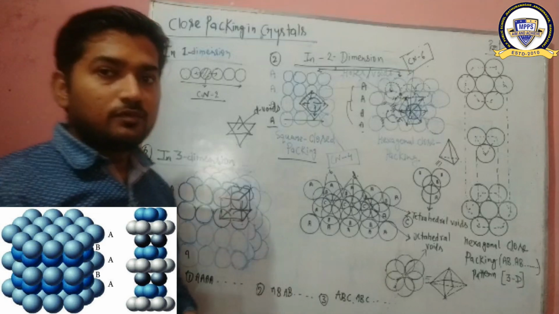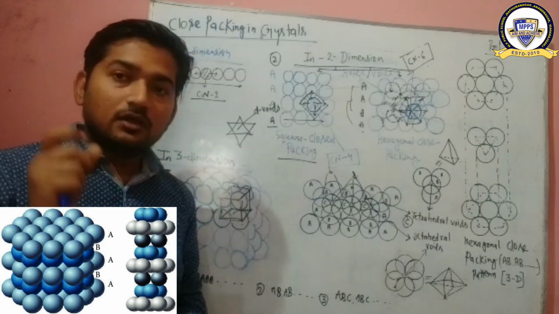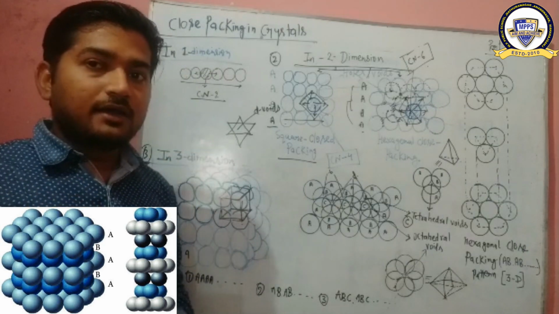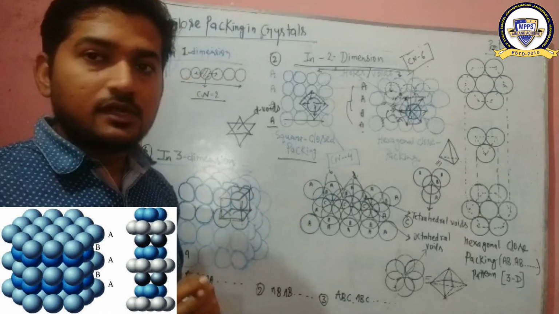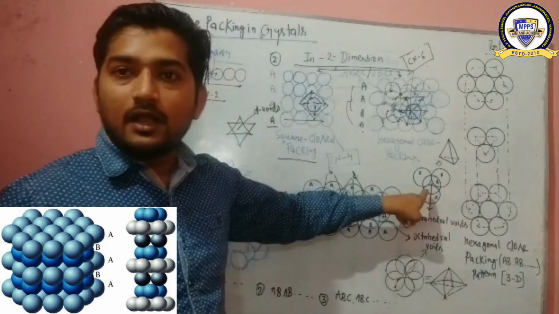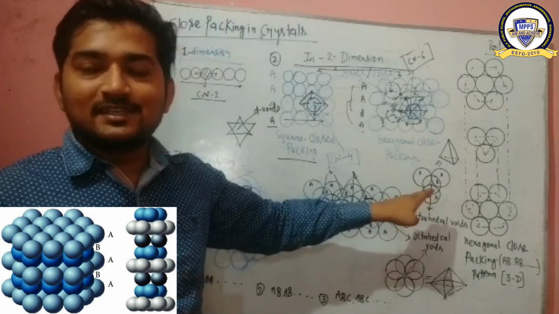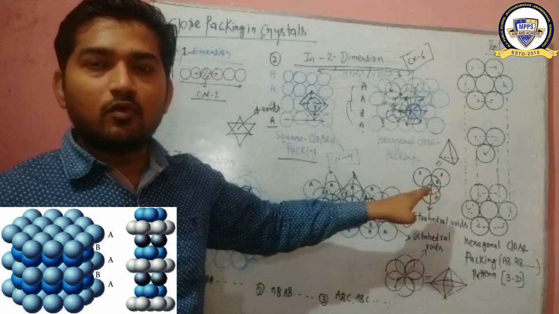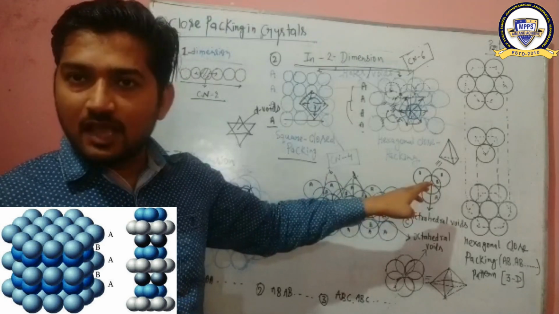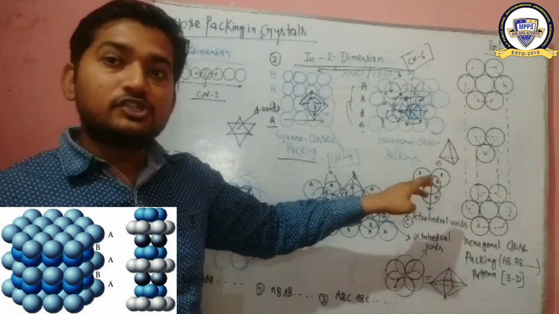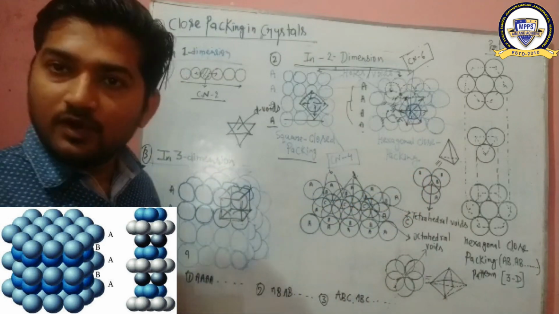Okay, so if the third layer is arranged at tetrahedral voids, then it forms HCP, hexagonal close packing in 3 dimensions, showing the ABAB type of arrangement.